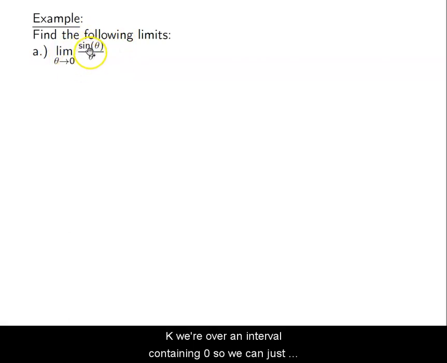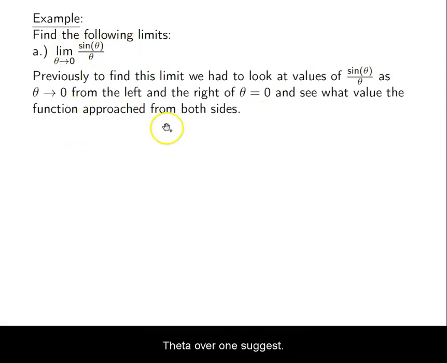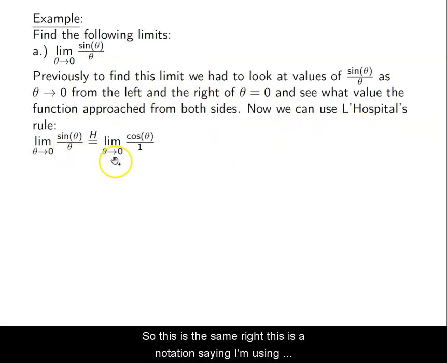So this turns into the limit of cosine of theta over 1, so just cosine theta, right? Previously we had to do this numerically. Now we can use L'Hopital's rule. This is the notation saying I'm using L'Hopital's rule, because if I didn't use this and I just said this equals that, you'd be like, how are these two things equal?